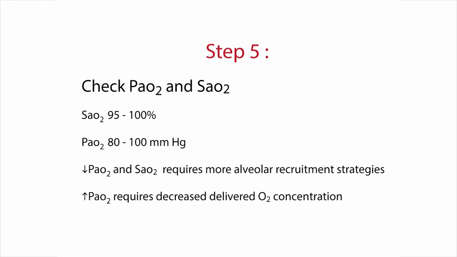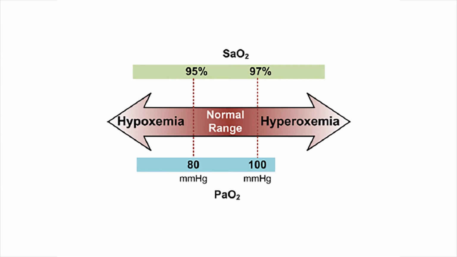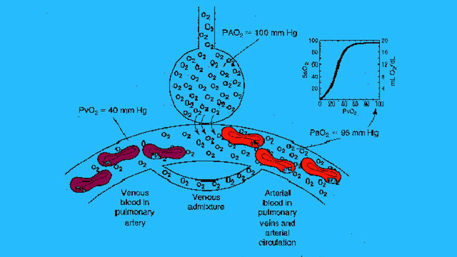Normal range of SaO2 is 95% to 100%. The partial pressure of oxygen, or PaO2, is a measure of dissolved oxygen in the arteries. Normal range of PaO2 is 80 to 100 millimeters of mercury. SaO2, or oxygen saturation, reflects the loading of oxygen onto hemoglobin in the lungs.